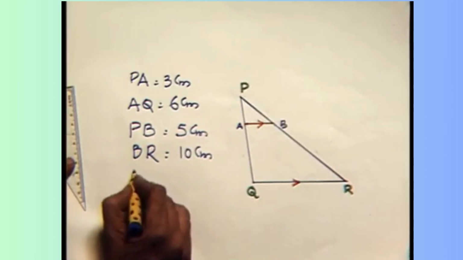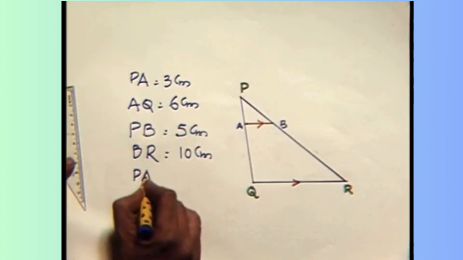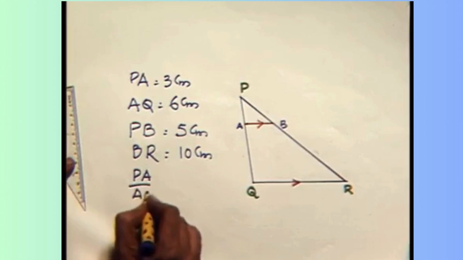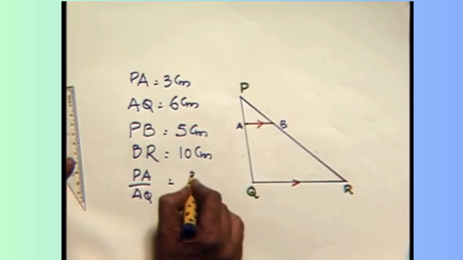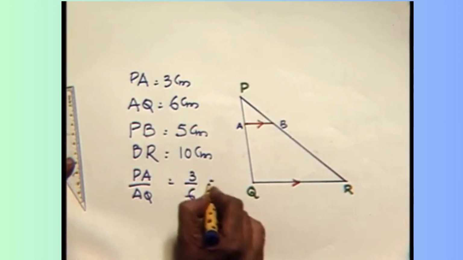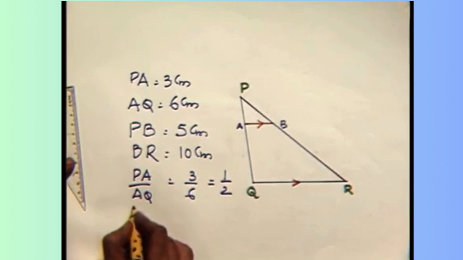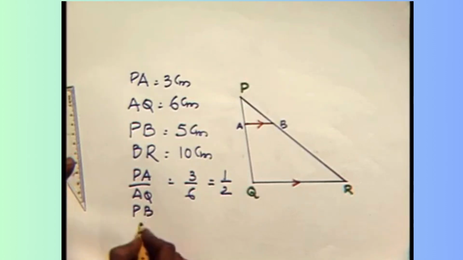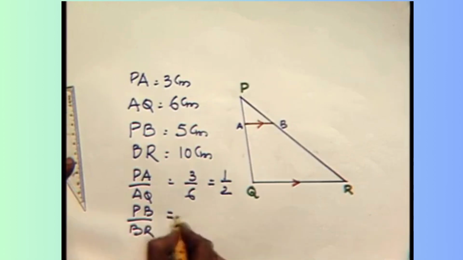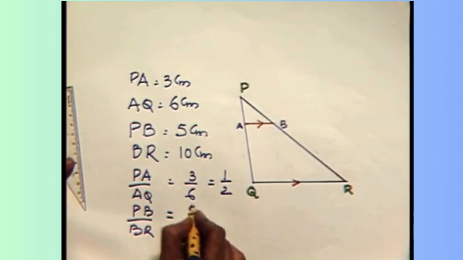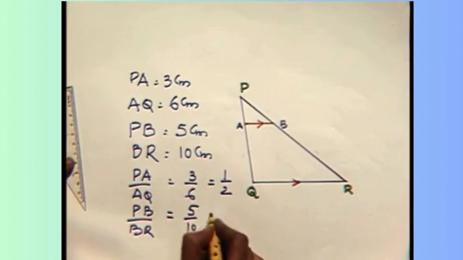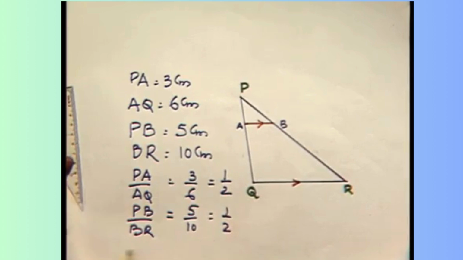Let us find the ratio of the segment PA to segment AQ. This ratio is 3 upon 6, that is equal to 1 upon 2, and the ratio of segment PB to BR is also 5 upon 10, that is equal to 1 upon 2.